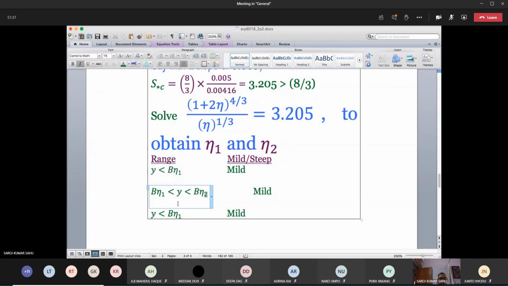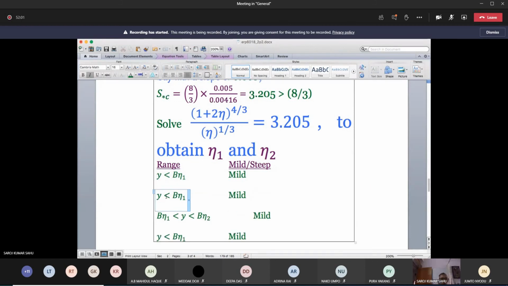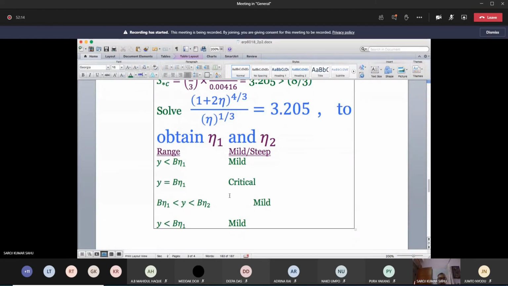Within that, exactly at y equal to beta 1, it is critical. Slope is critical. Y equal to beta 1, it is critical.